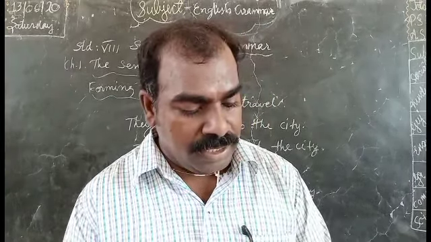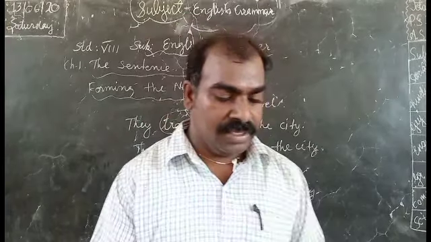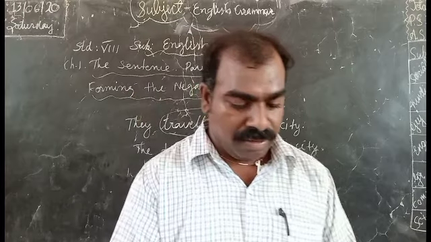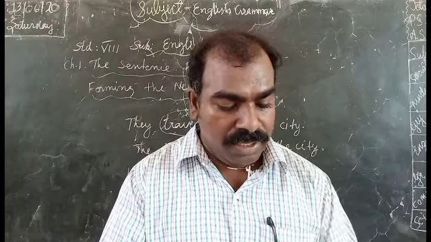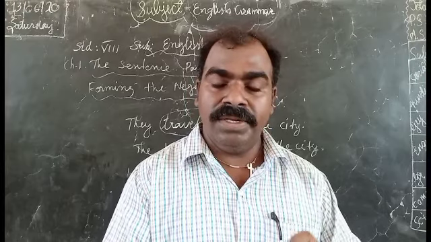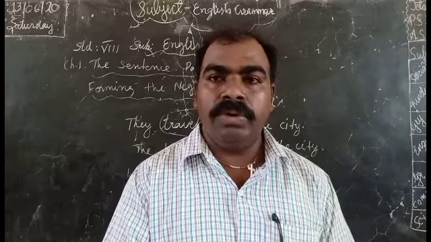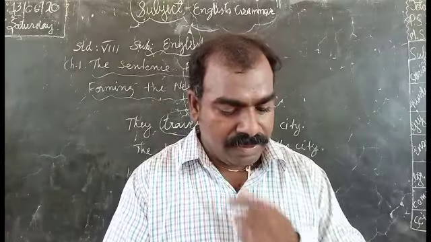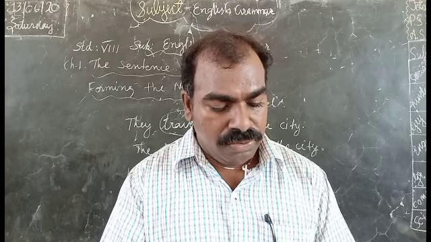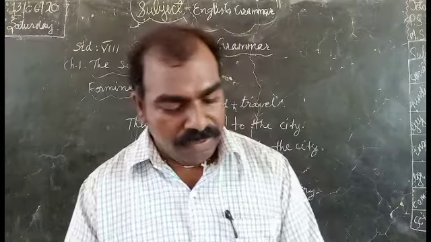Example, Riya writes well. So how to change? Riya does not write well, or doesn't write well. We went home early. Went means past tense. So, we did not go home early. Cut the ribbon. How to change? Do not cut the ribbon, or don't cut the ribbon.